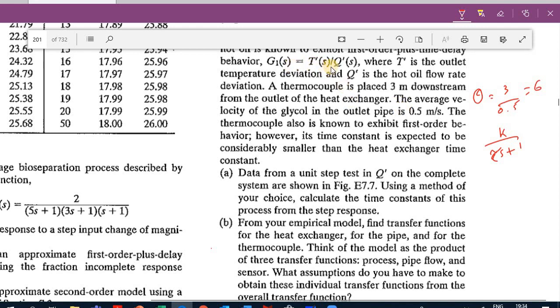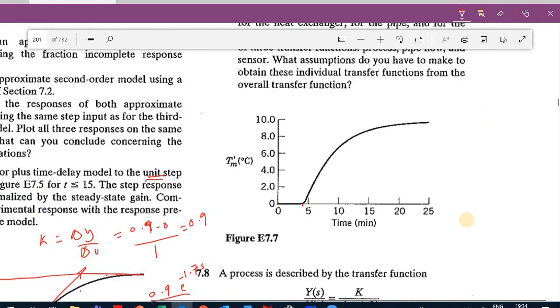So we have T over Q of s, where T is the output temperature. The data from a unit test in Q prime on the complete system, figure E7.7, using a method of your choice, calculate the time constant. So I will consider this as T. It doesn't make sense for it to be Tm.